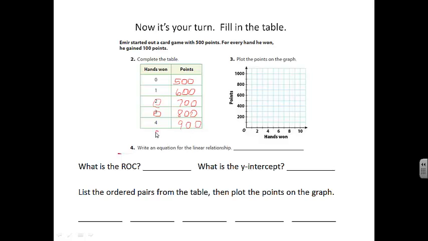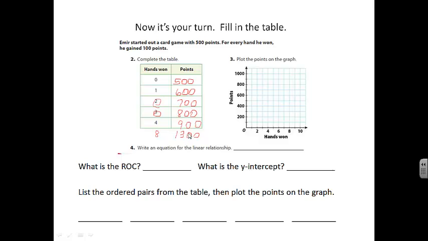What if I added an 8 down here? Would you have to fill in the 5, 6, 7, 8, or could you just figure that out? 500 plus 800, because he got extra 100 points every time, would be 1,300.